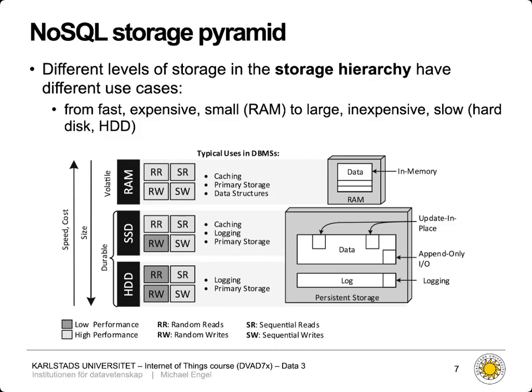First, they are mechanical components, so they are prone to fail. Second, they are slow because they rely on mechanical components to move, like the read-write head that has to move from the inner part to the outer part of the hard disk to access different data. So this takes time. The mass of the head has to be accelerated, it has to be braked, and of course it needs time to move on the disk.